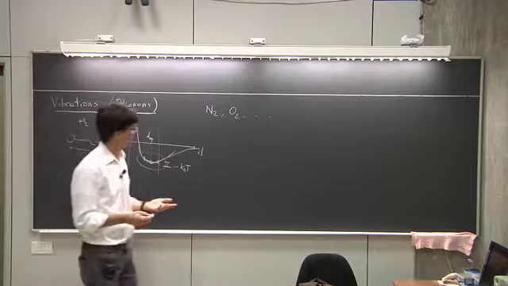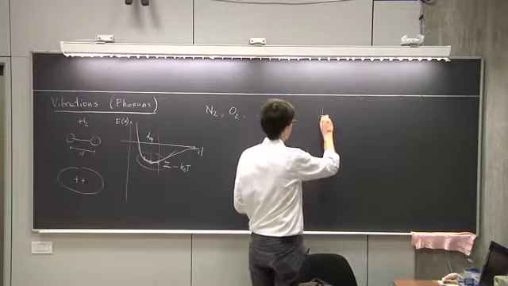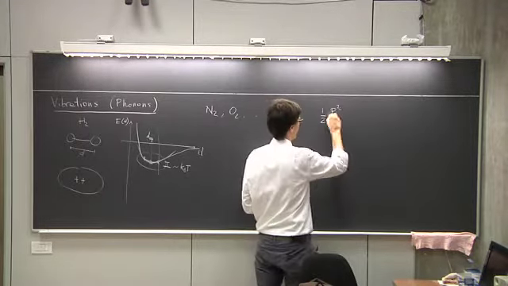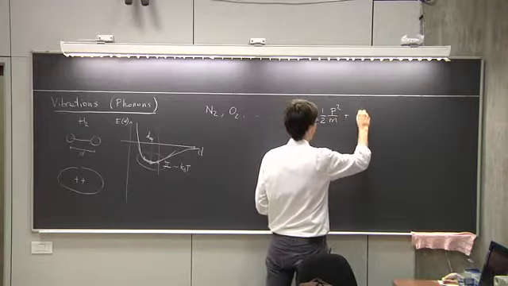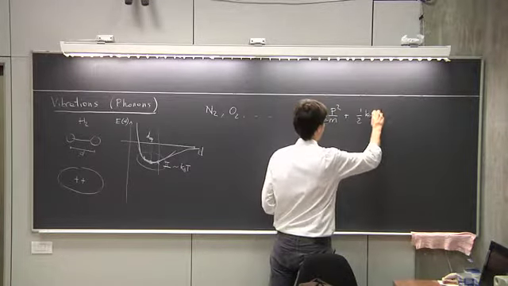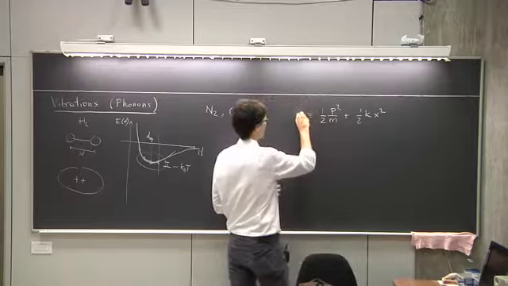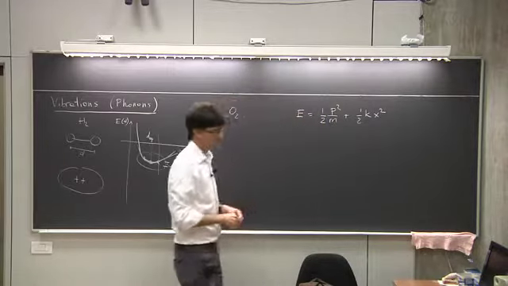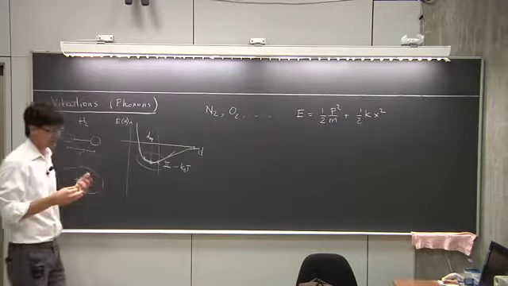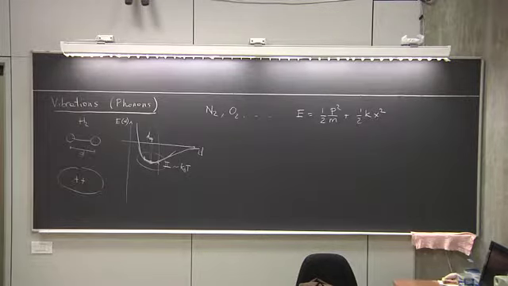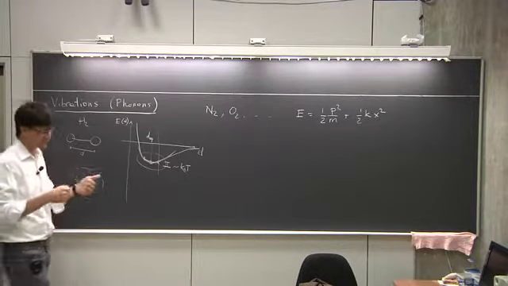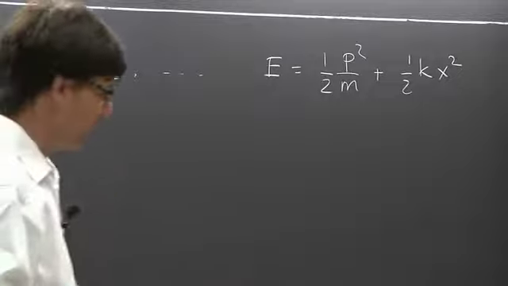So a harmonic oscillator, if you have a collection of oscillators at a given temperature T, it doesn't make sense to talk about a single oscillator at a given temperature.